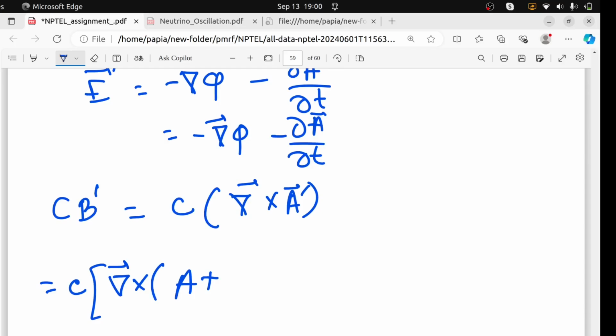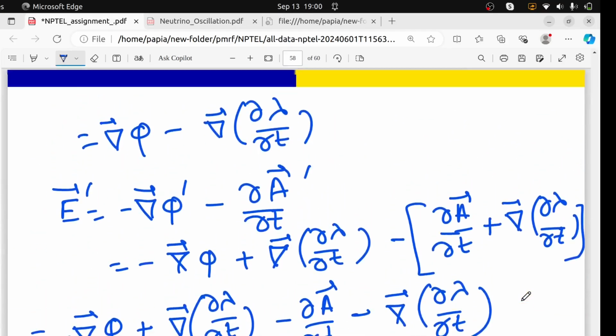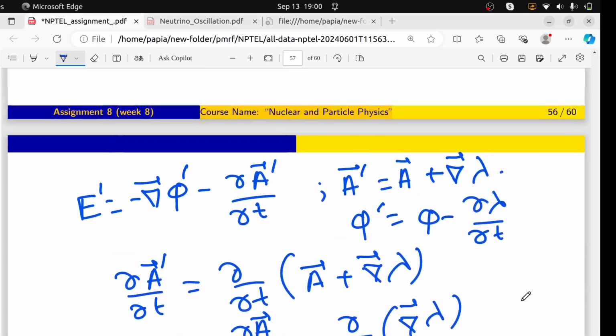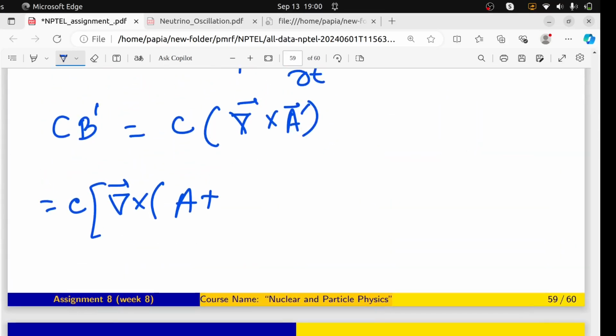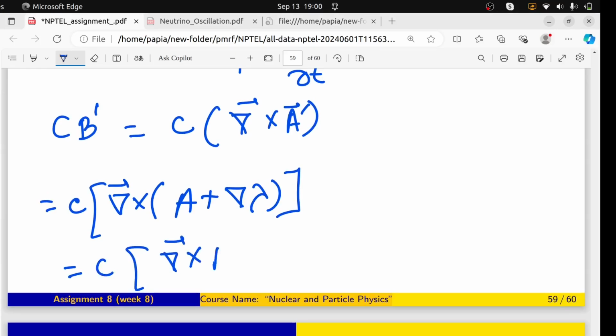We have to write A prime in terms of A. See here, A prime was A plus grad lambda. So C into curl of A plus curl of grad lambda.